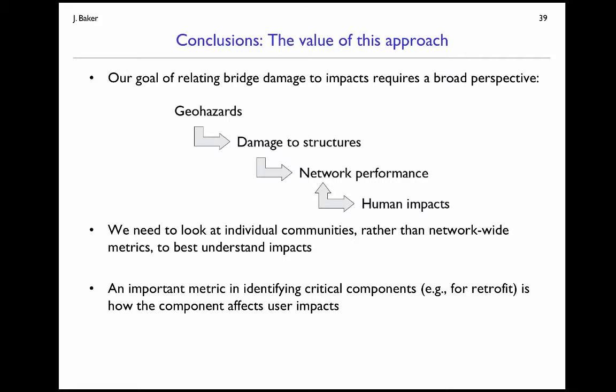Not just is that component likely to be damaged or how expensive would it be to repair that component, but how are the users of the network ultimately influenced by the potential for that component, as well as other components in the network, to be damaged. And that's a complicated thing to assess, but again, with all of these bullet points, I hope we've achieved today showing you that these are types of questions that are feasible to answer without spending millions of dollars and many years to do the analysis.